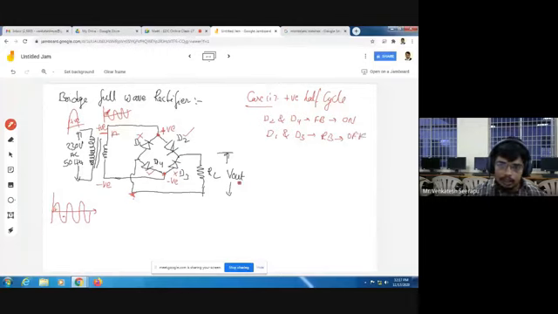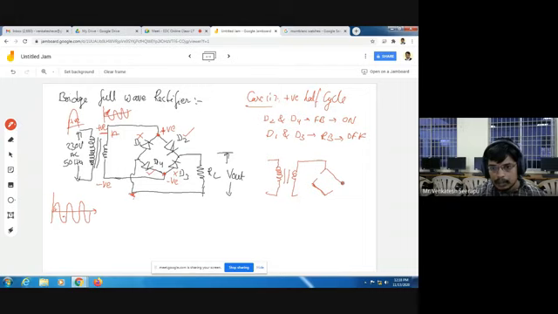So our diagram becomes: a step down transformer, where D2 and D4 are in on condition, and D1 and D3 are in off condition.